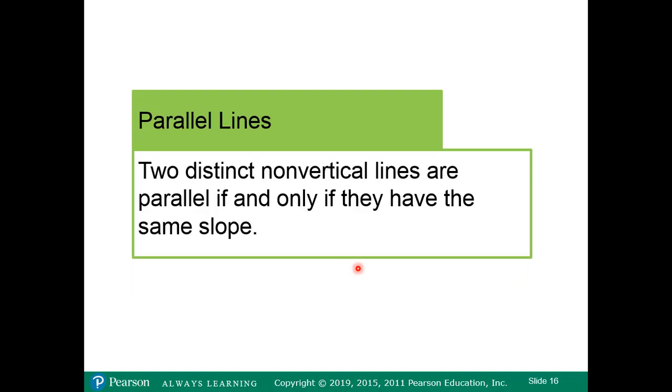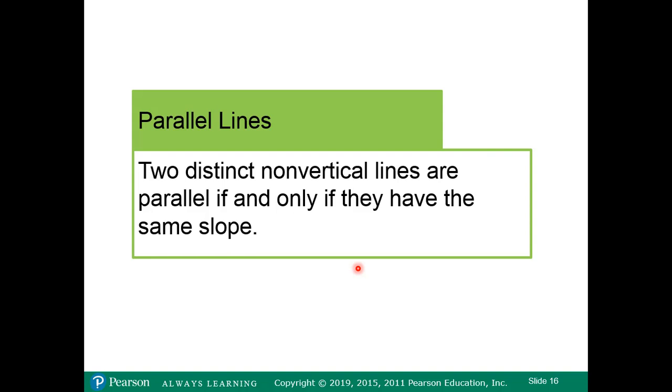Okay, so parallel lines. Remember, we're talking about two non-vertical lines, because if two lines are vertical, they're automatically parallel, since all vertical lines are parallel. So what are parallel lines? Parallel lines are lines that never intersect, which means they have to have the same slope.